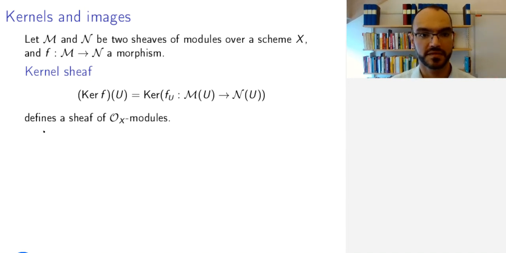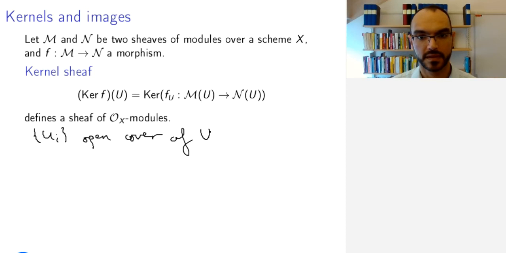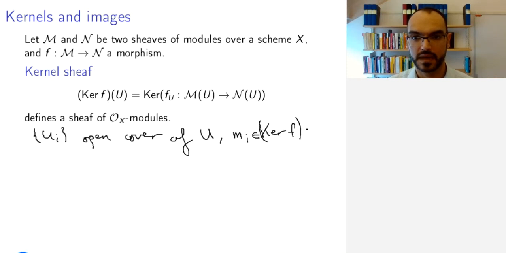So let U_i be an open cover of U, and assume that m_i belongs to the kernel at U_i.